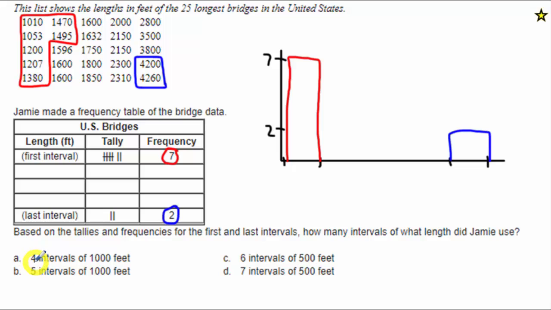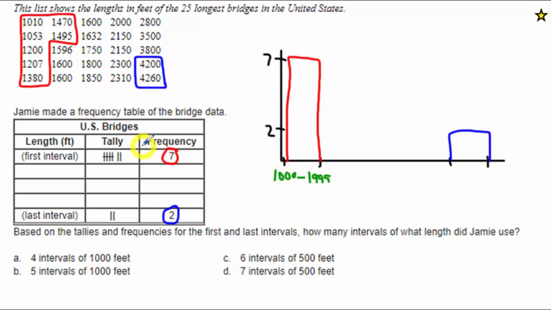So let's just start with A. It says 4 intervals of 1,000 feet. Okay, so if the first interval was 1,000 feet, the first of 4, that would mean that we would start at 1,000 and increase another 1,000, which would be up to 1,999. The next interval would start with the 2,000.